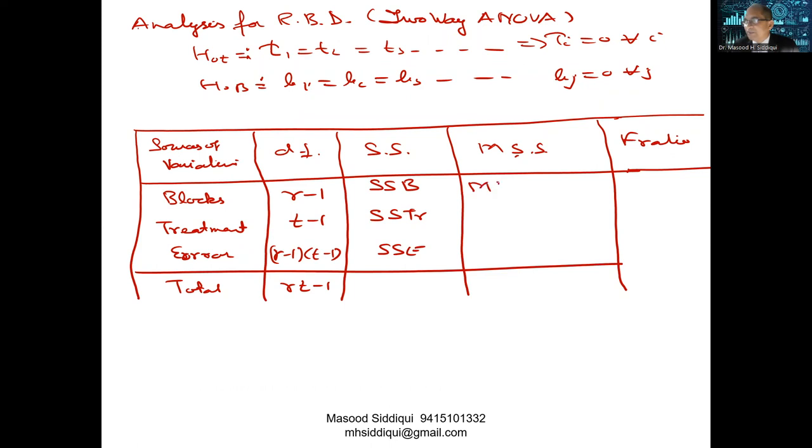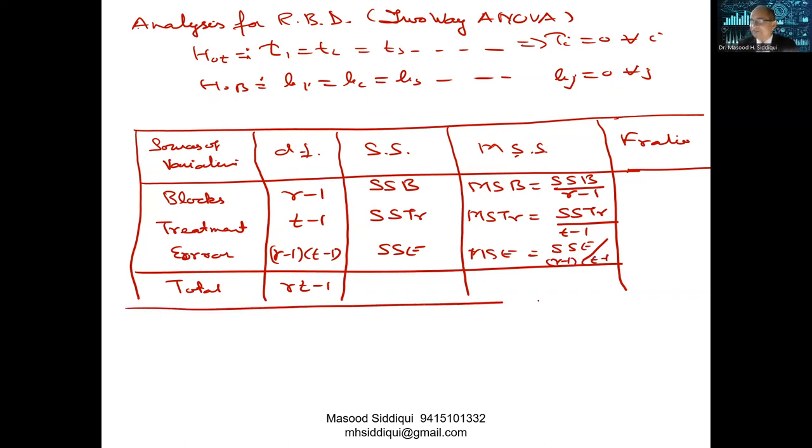Here we can have MSB, that is SSB divided by its degrees of freedom, R minus 1. We have MSTR, that is SSTR divided by T minus 1. The last one is MSE. This is SSE divided by the corresponding degrees of freedom, (R minus 1) into (T minus 1).